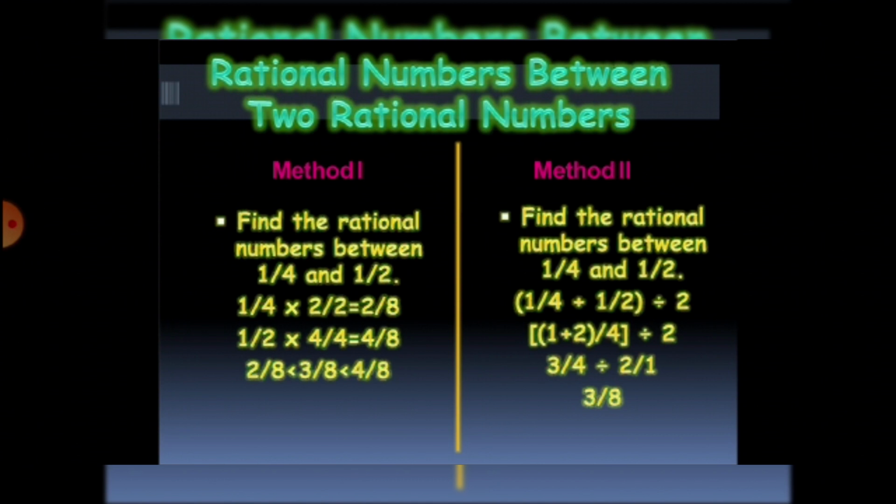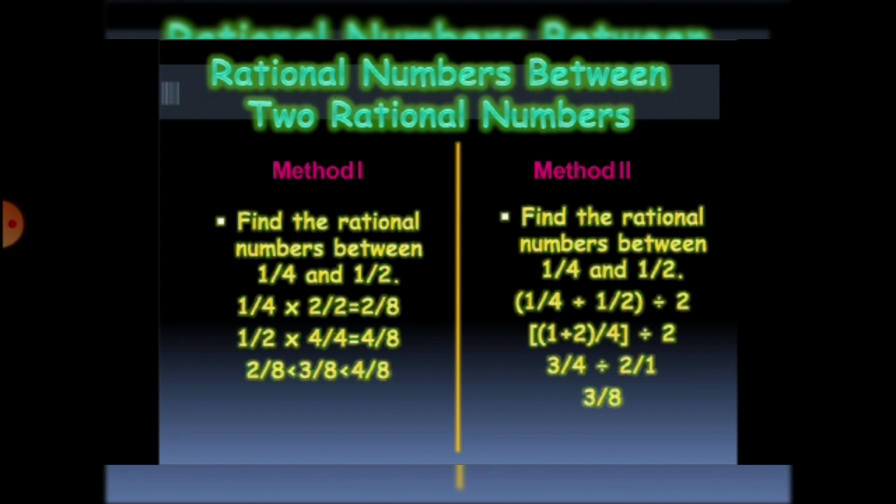And for 1 by 2, if we multiply with 4 by 4, the answer will become 4 by 8. So, what did we do in this case? We have equalized the denominator. Now, after equalizing the denominator, what is the number between 2 by 8 and 4 by 8? Yes, it is 3 by 8. So, 3 by 8 is a rational number between 1 by 4 and 1 by 2.